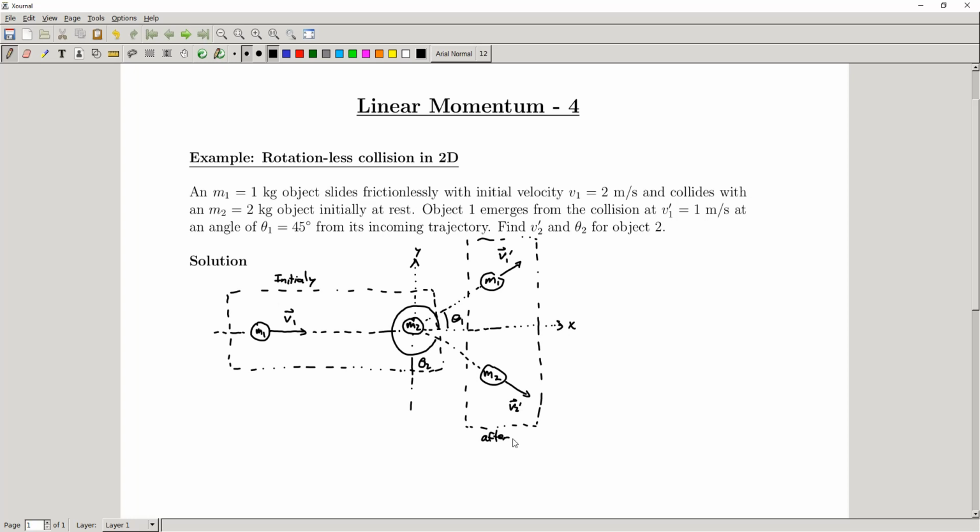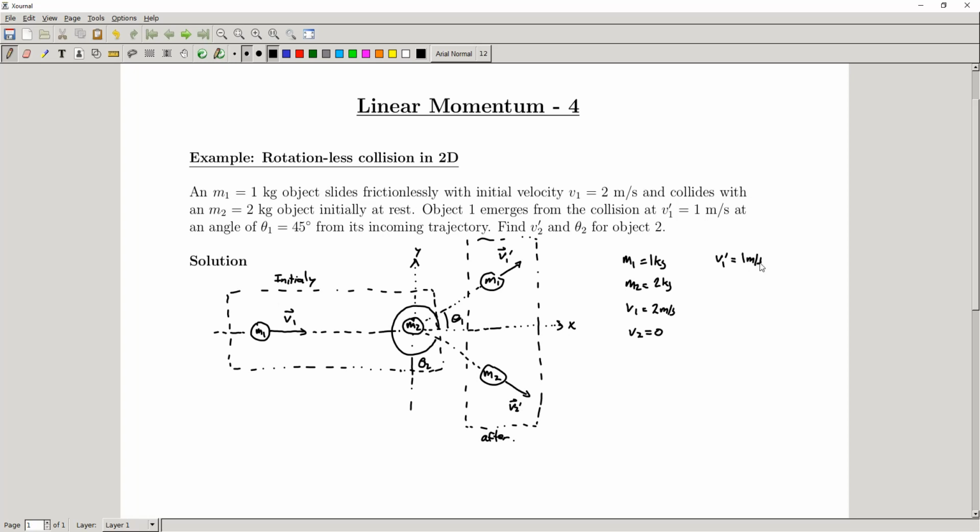I'm going to take a second to just write down all the quantities involved in this calculation and which ones we know and which ones we don't know, right? So we have m1. We know that's 1 kilogram. We have m2. We know that's 2 kilograms. We have v1. We know that's 2 meters per second. We have v2. We know that's 0 meters per second, or just 0. We're told what v1 prime is, the magnitude of v1 prime.